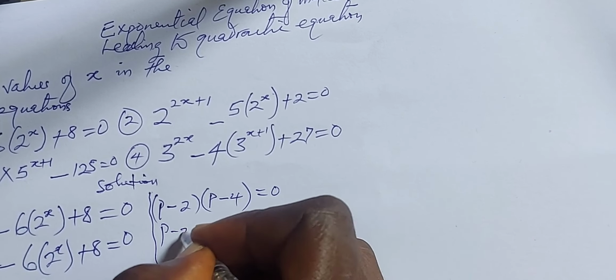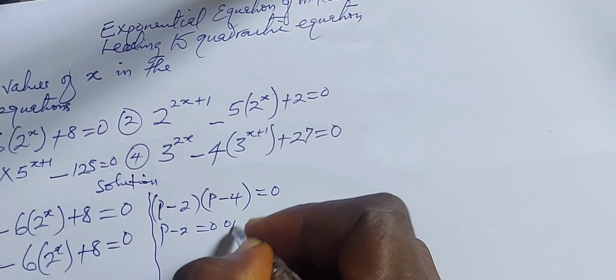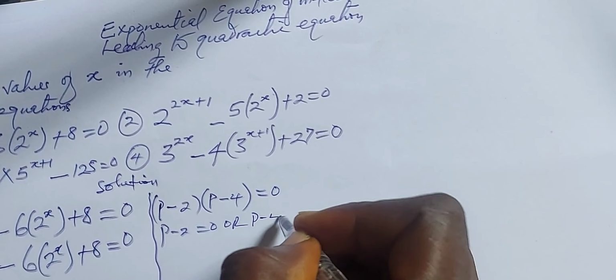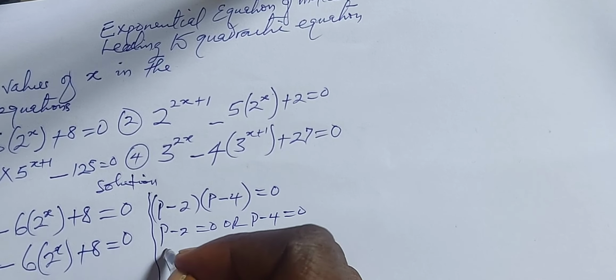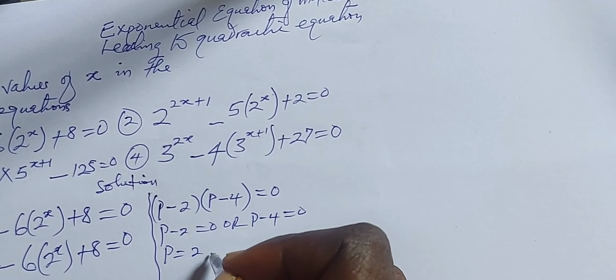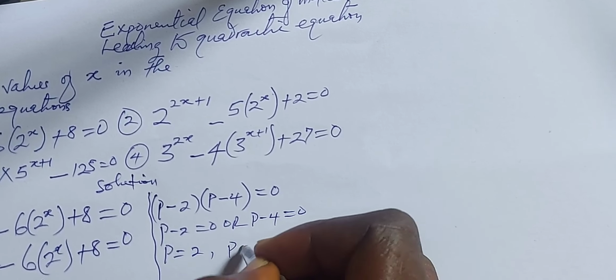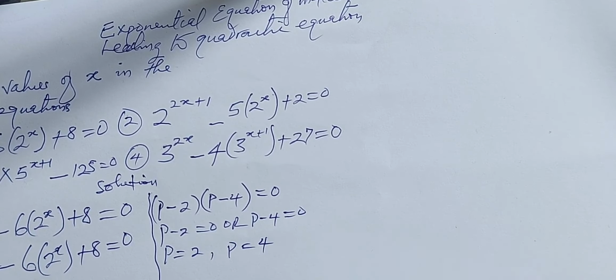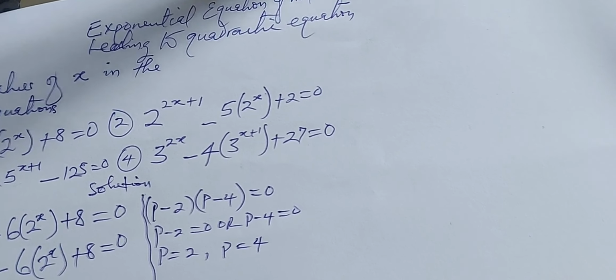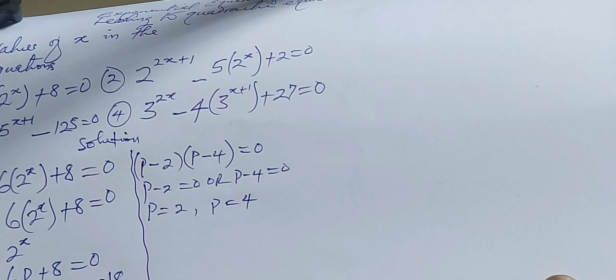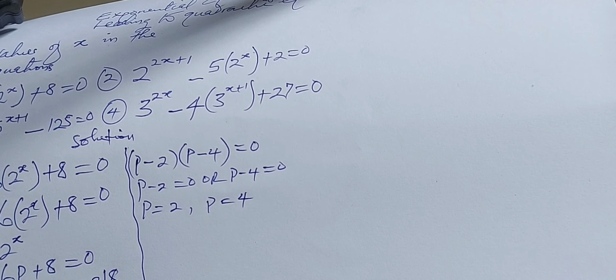Therefore, p minus 2 equals 0, or p minus 4 equals 0. So p is equal to 2, or p is equal to 4. But we are not looking for the value of p. We are looking for the value of x.